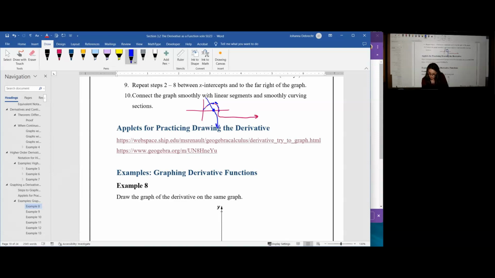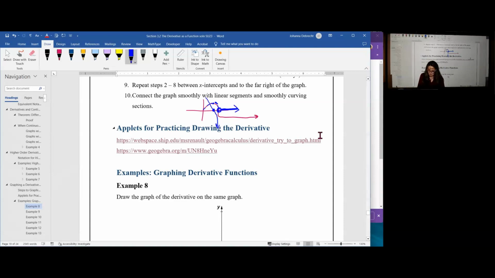Now, when I'm looking at the horizontal section, because I know the derivative doesn't exist at a point where I have a vertical tangent line, I put a hole, and then I draw this on the x-axis, representing that the slope of the tangent line on this linear horizontal section is 0.